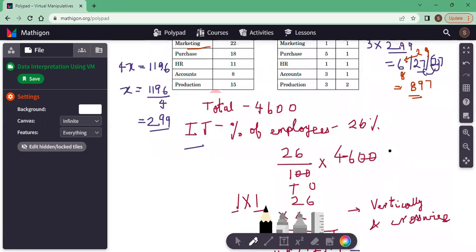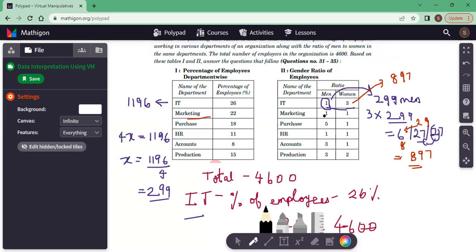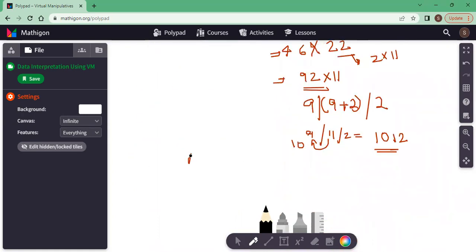So there are 1012 who work in the IT department. Now the ratio of men and women in the marketing department is given as 1:1. Now to find the number of men and women, it is given as 1:1. So automatically this 1012 will be divided by 2. Then only the equal amount will come.